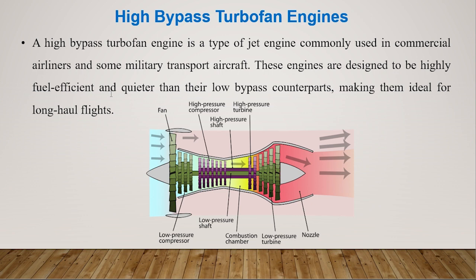The maximum amount of air can be extracted by the fan, and that air passes through the bypass path. They are also quieter than their low bypass counterparts. I'll explain in the upcoming slides.